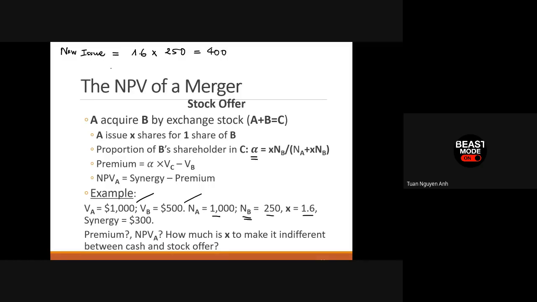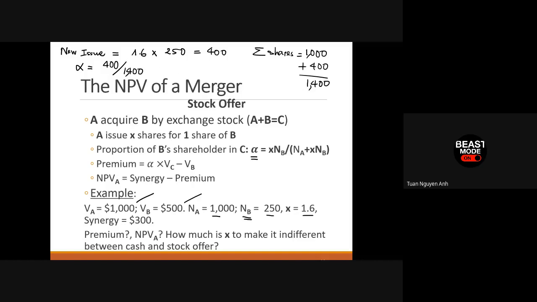So now the total number of shares will be equal to 1,000 plus 400, so 1,400 will be the total shares of the new firm. We need to calculate alpha, the proportion of the ownership. So alpha here is equal to 400 new shares over the total shares.